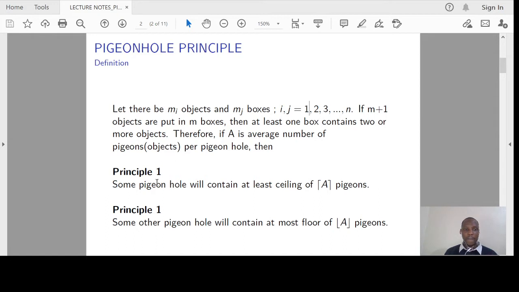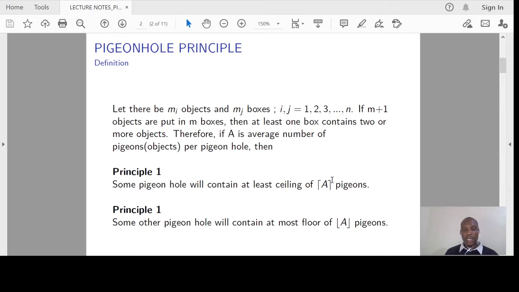Principle 1 states some pigeonhole will contain at least ceiling of A pigeons. That means there are some pigeonholes that will contain more objects. Principle 2: some other pigeonhole will contain at most floor of A pigeons.